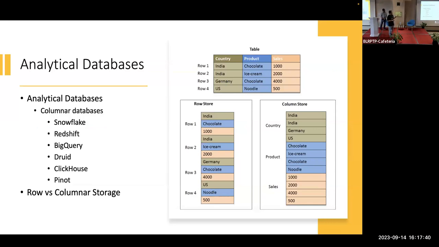This is something common between all of these databases, and the reason is that for the kind of queries and requirements you have from analytics databases, column store is typically a great choice. One very quick example is that because all the values in one column are of the same data type, compression is something you can do quite easily, with a better compression ratio. And then there are other implications as well.